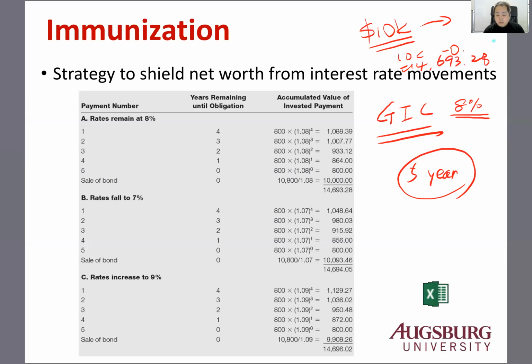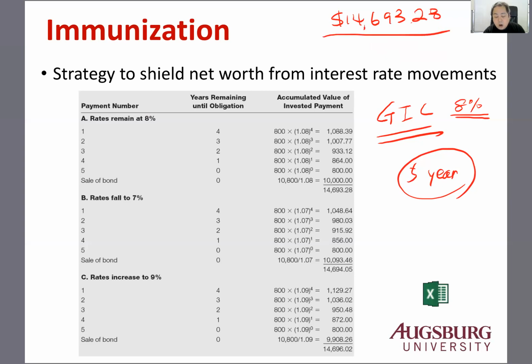So this insurance company should have $14,693.28 in 5 years. That's the obligation.